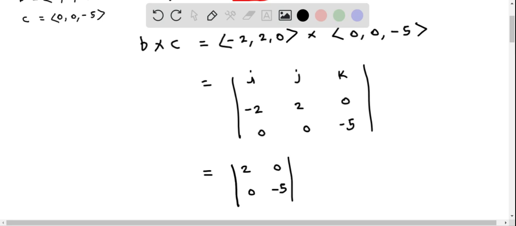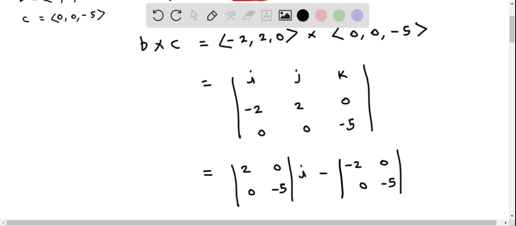We have to find the determinant of this, multiply with i, and then when we are expanding along the first row, we should put negative of the determinant of the 2 by 2 matrix, by leaving the column which represents j, and we have to leave the first row. And when you do that, we get negative 2, 0, and then 0, negative 5.